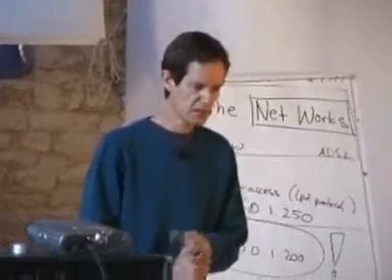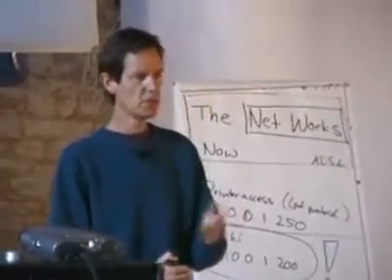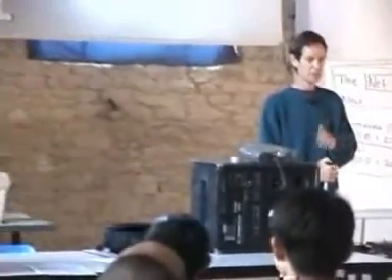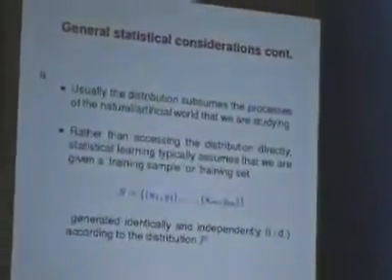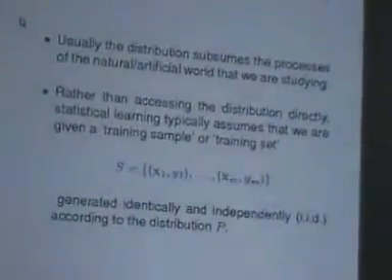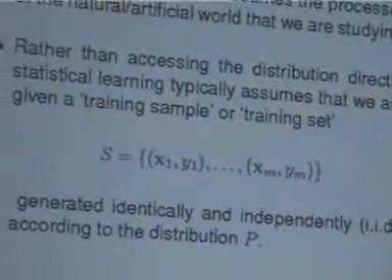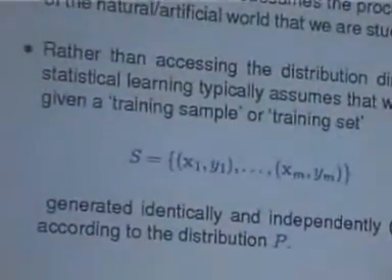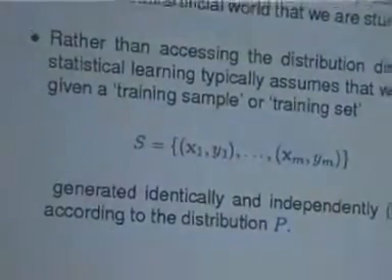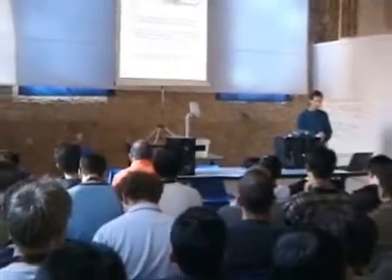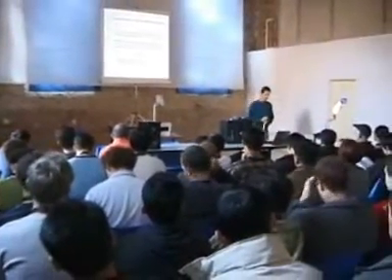But as an example, here we have the pairs, input and say classification output, x1, y1 up to xm, ym. And again, the assumption we're going to make, and this is already making another assumption, is that this sample is generated independently and identically according to this distribution P. So in a sense, we get our information about P through this sample. It comes through independent generations of examples by that distribution. Okay?